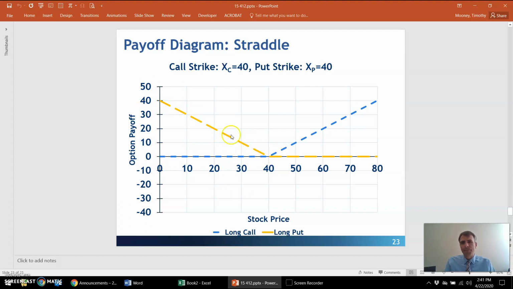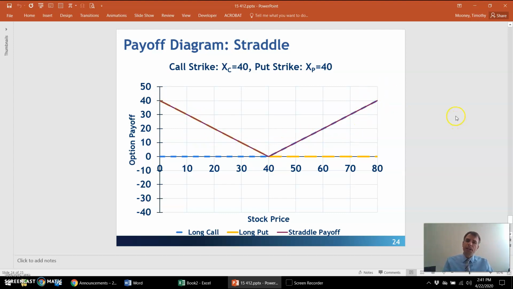So the overall payoff for the straddle strategy at this low area is just the put option payoff plus 0 down here. And then at prices above the strike price, the call option's in the money, the put option's out of the money. So long story short, this dark red line is the payoff for this straddle strategy.